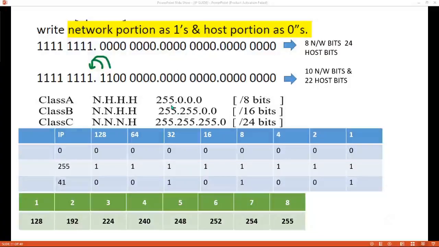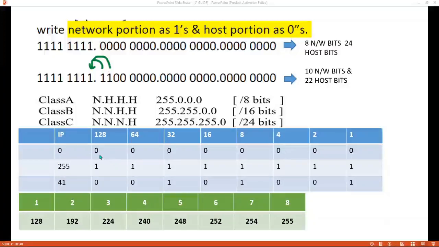The reason is, in 2 to the power of 0, 1, 2, 3, 4, 5, 6, 7, altogether 8 bits are there. If you fill them with 2 to the power of, then the value gives you 255 in total. If you fill all these 8 bits with ones, you will get 255.